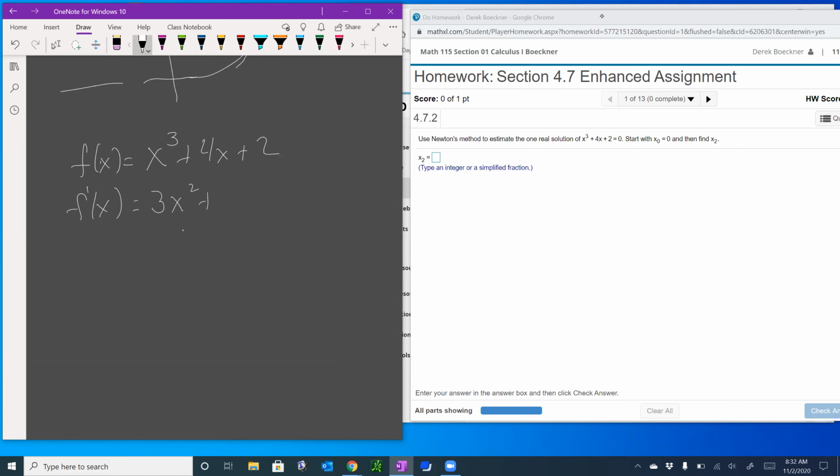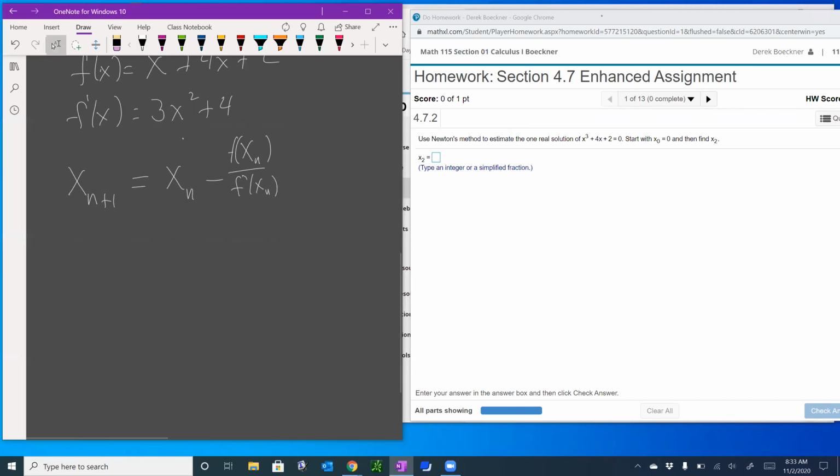So f prime of x equals 3x squared plus 4. Remember, xn plus 1, the next guess, is the current guess minus f of x at the current guess over the slope at the current guess. So it's xn minus x cubed plus 4x plus 2 divided by 3x squared plus 4, where these are all n's.